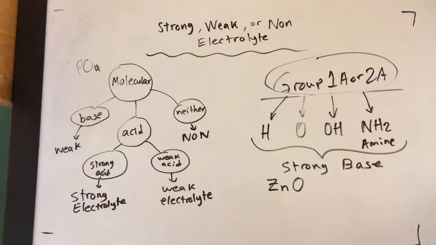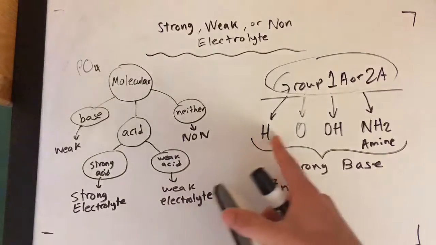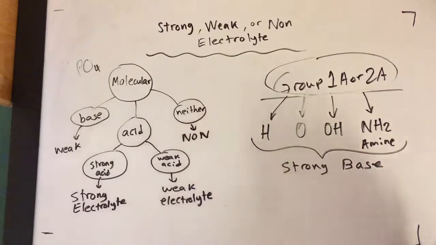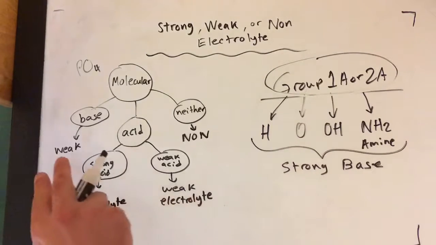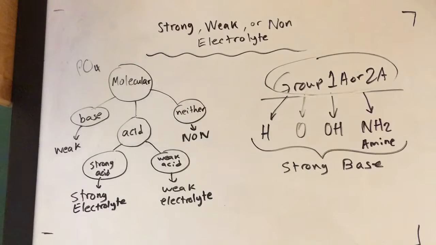Or, for example, you could notice something like this, which is not a group 1A or group 2A element paired with one of these four. That would automatically be a weak base, which would be a weak electrolyte. And that sums it up for strong, weak, or non-electrolytes.